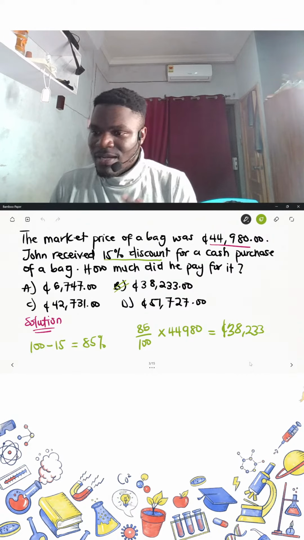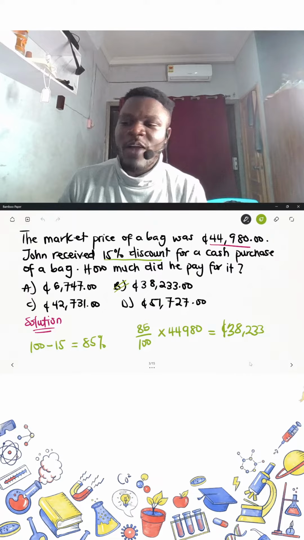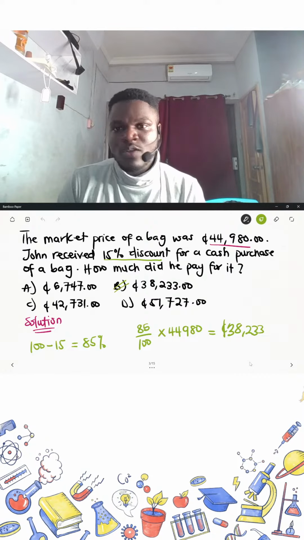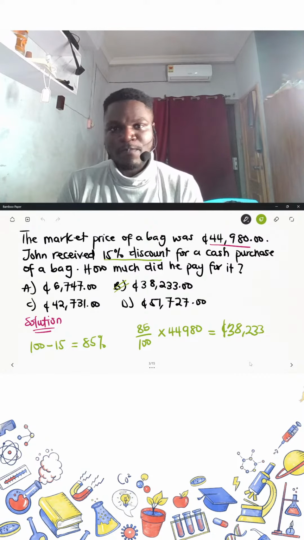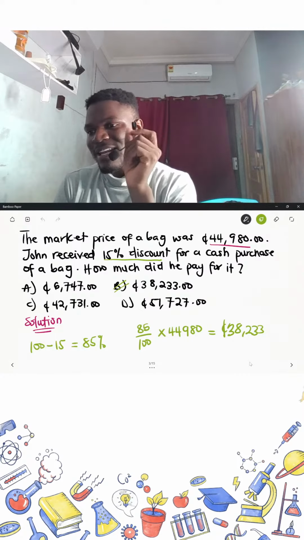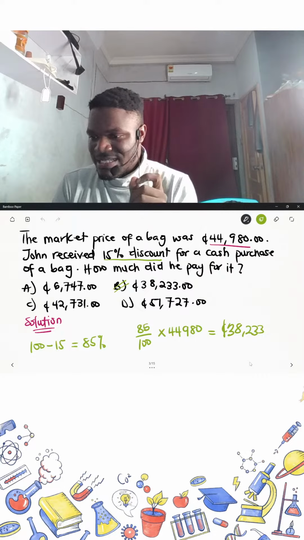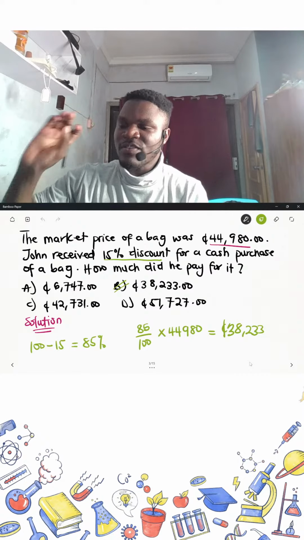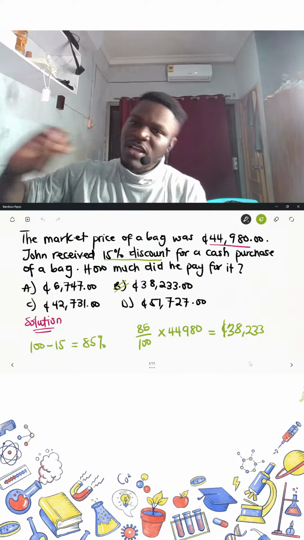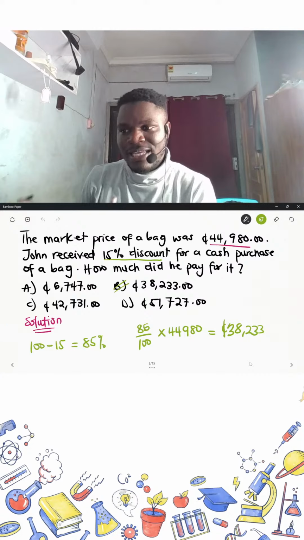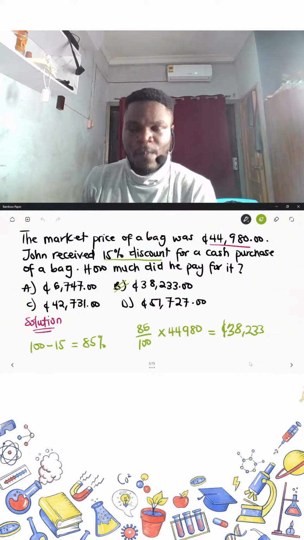And I said that we can find this by first of all finding the amount that was given to him as a discount. So we find that by finding 15% of the 44,980,000 Ghana cedis. Once we find that, that money becomes the amount that was given to him as the discount. So we subtract that from the total to get the discounted price that he bought the product for.